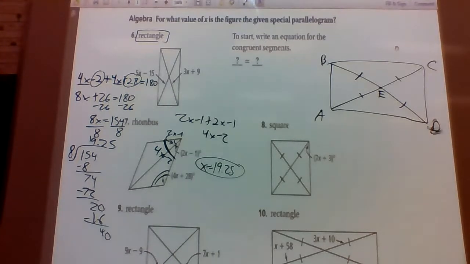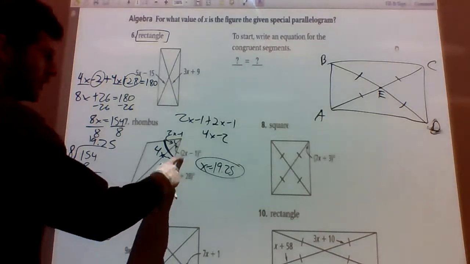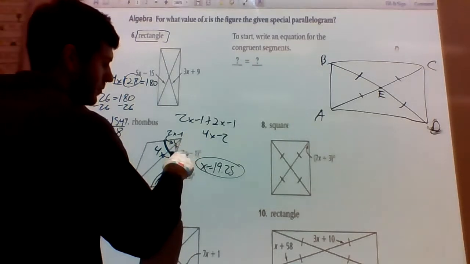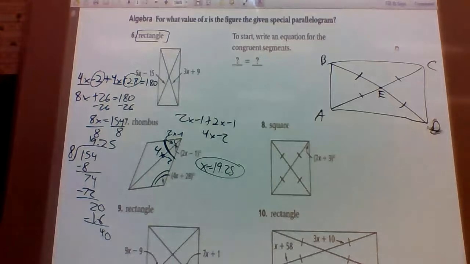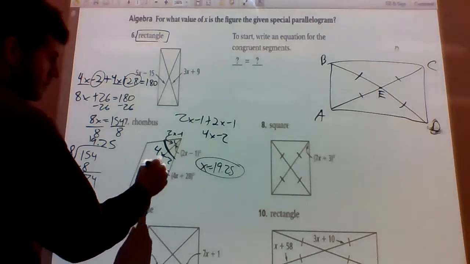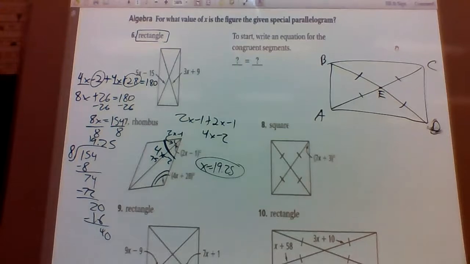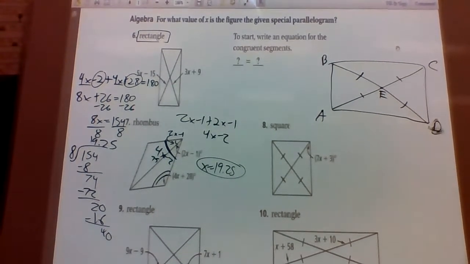Is that right? 19.25 times 2 is going to give us 38.5 minus 1. So this is going to be 37.5. 37.5 plus 37.5 is going to be 75. We substitute it into the other one.